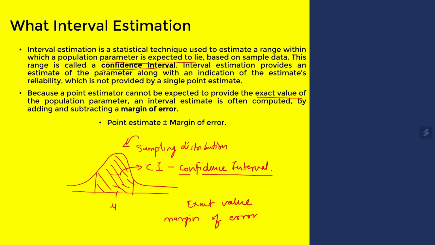We add and subtract the margin of error with our point estimate. What does point estimate mean? Basically, point estimate is our x bar, which is the sample mean. So we add and subtract the margin of error with our sample mean. That's it.